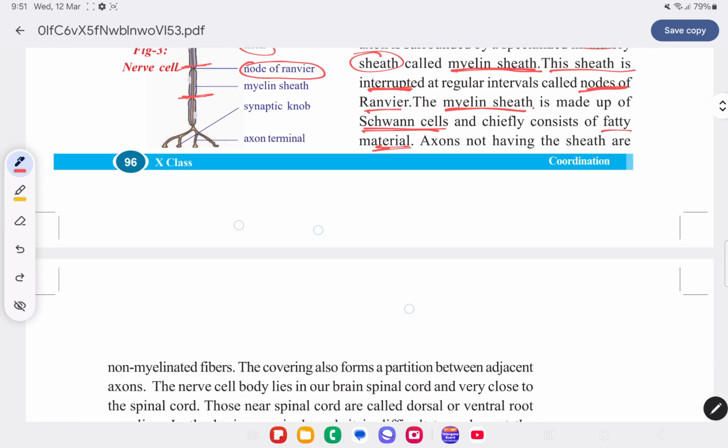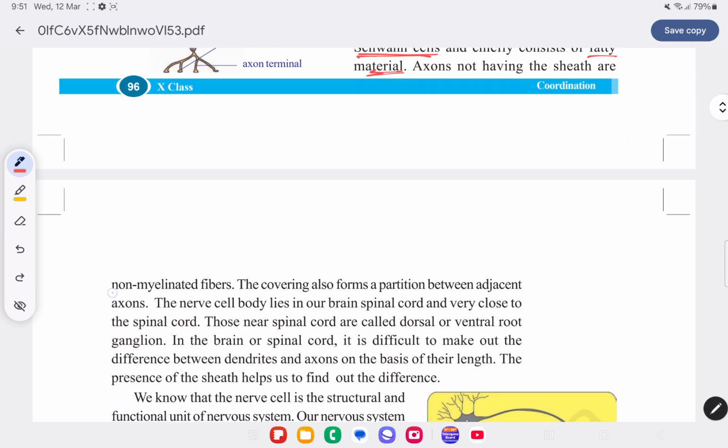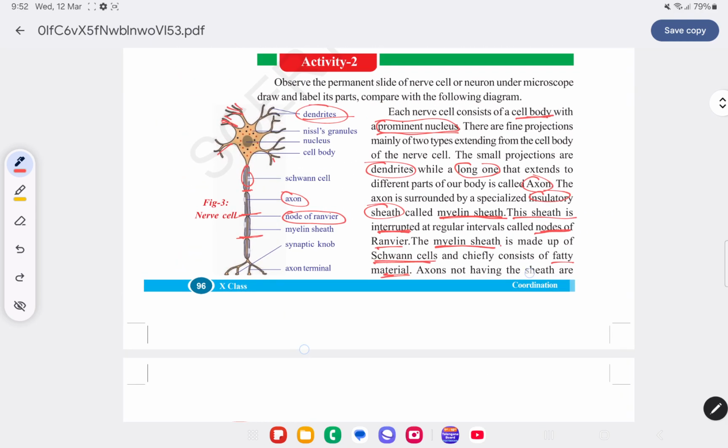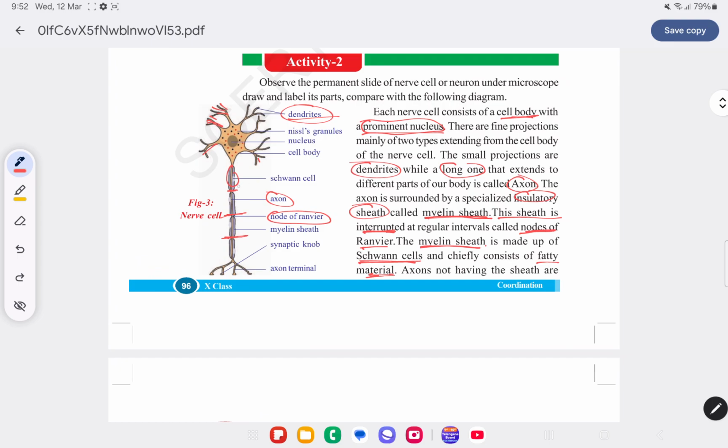Now axons not having a sheath are called non-myelinated fibers. So some of the axons will not have the fat. Those are called non-myelinated fibers. And the covering also forms a partition between adjacent axons. Now, this is one axon.